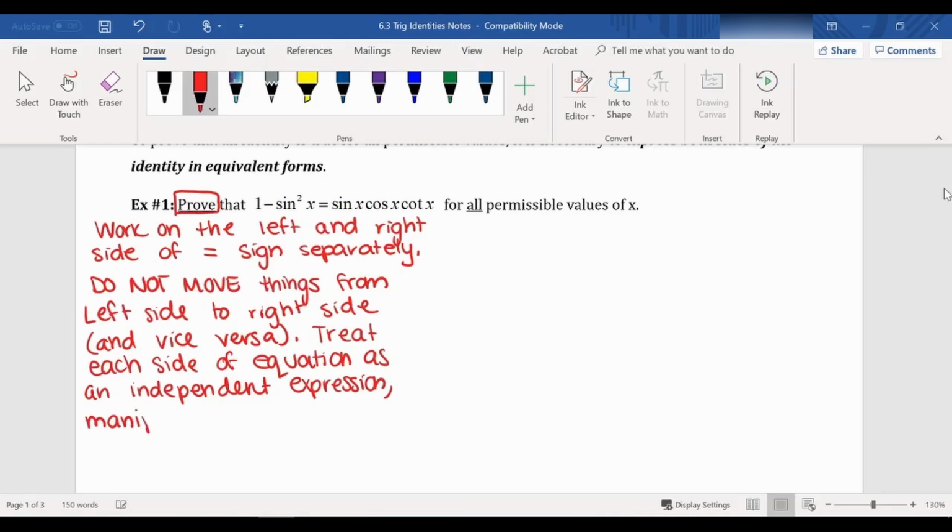So manipulate each side separately using identities and math tools you already have.